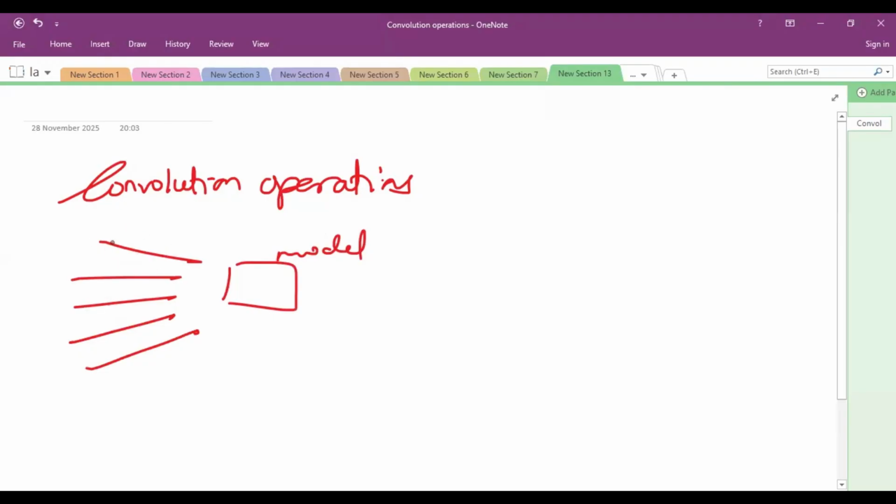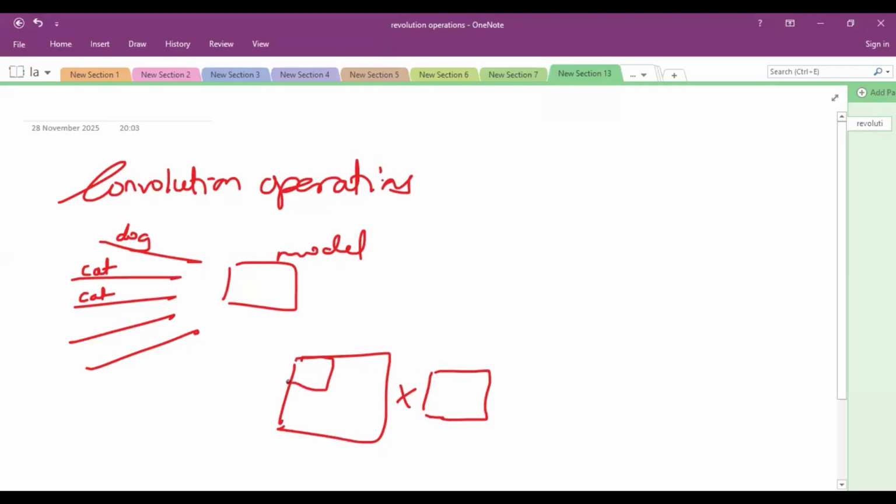All these images have a label, say dog or cat. Let's go for only two classes right now. The image will actually be a matrix, and we can convolve this matrix with a smaller matrix, which multiplies with every part of the entire matrix in this fashion.